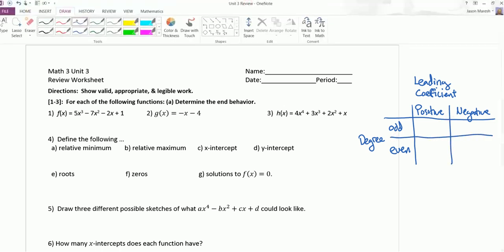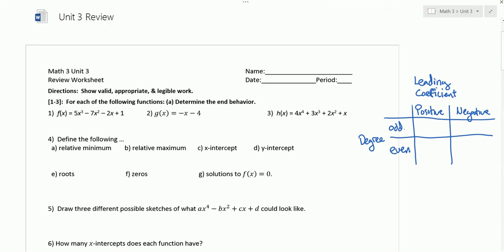The leading coefficient, if the leading coefficient's positive, the right side will end pointing up. If the leading coefficient's negative, the right side will end pointing down.